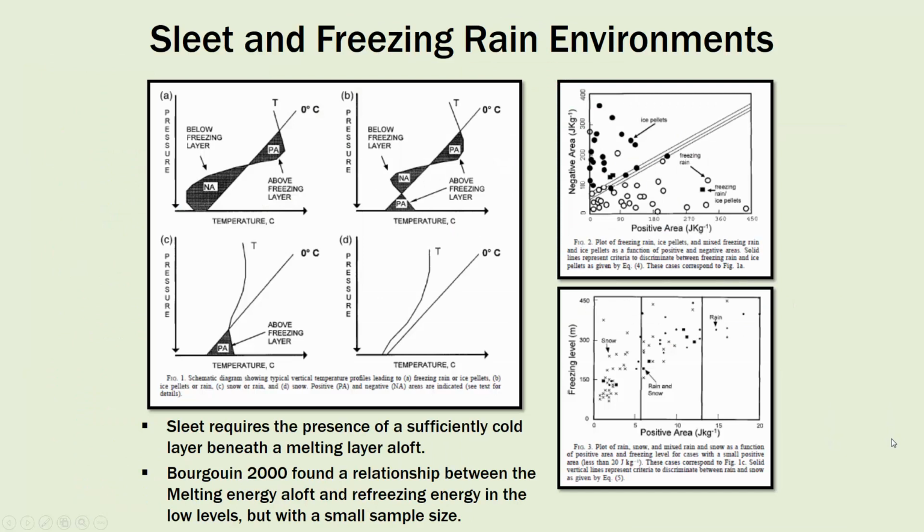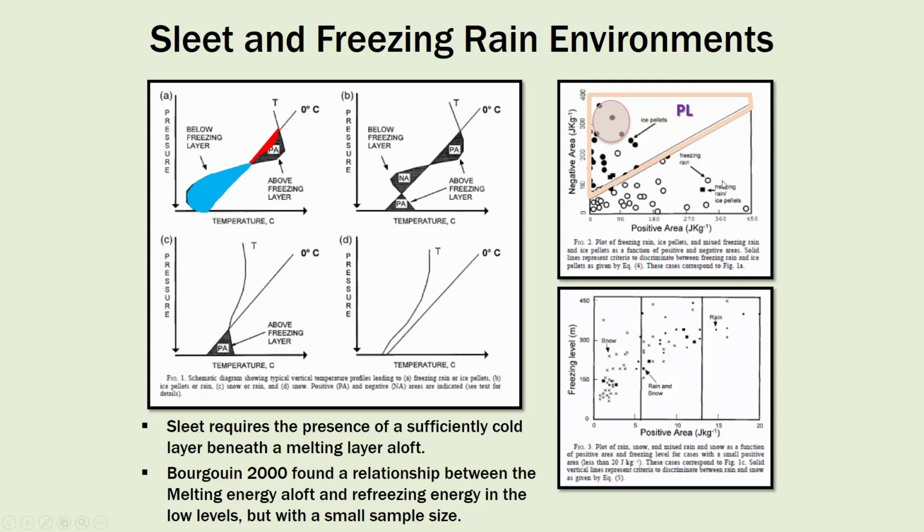Okay, and then for sleet versus freezing rain environments, Bourgouin found, of course, that sleet requires the presence of a sufficiently cold layer beneath a melting layer aloft. So in this case, Bourgouin found a good relationship between the melting energy aloft and the refreezing energy beneath it in the low levels.